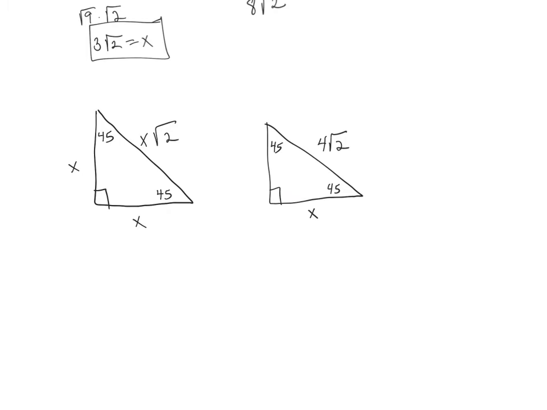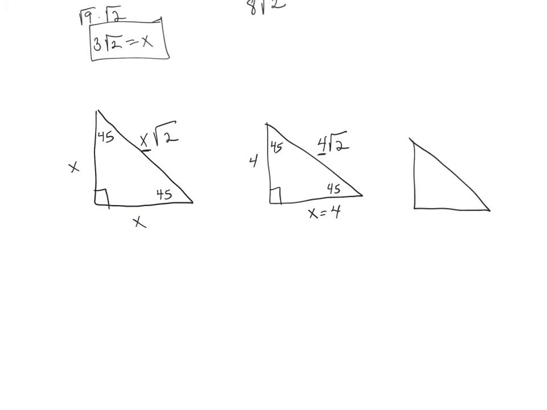Now, based on the information we've just determined, the number in front of the square root of 2 is actually the length of my leg. So each of my legs have a length of 4.